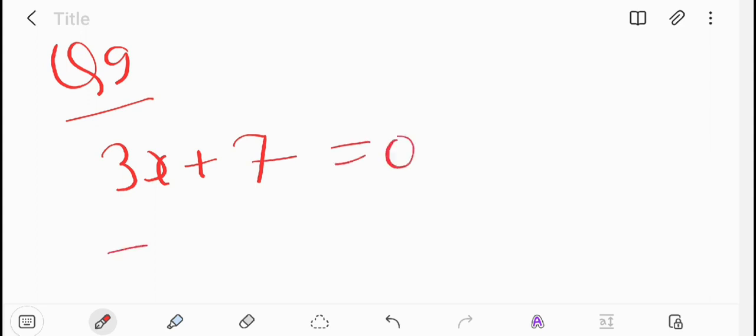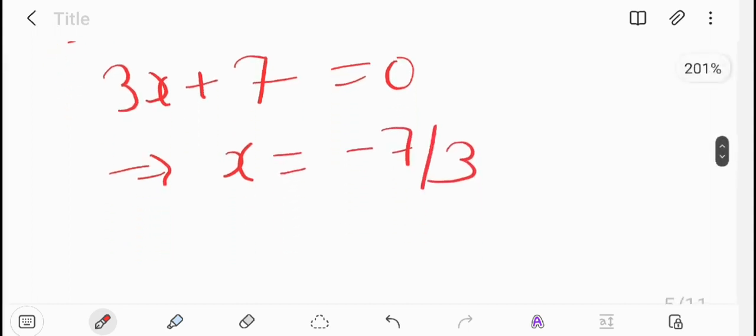Question number 9. Yes, you can see that we can very easily form the equation 3x plus 7 is equal to 0. What does it give me? It gives me that x is equal to minus 7 over 3.